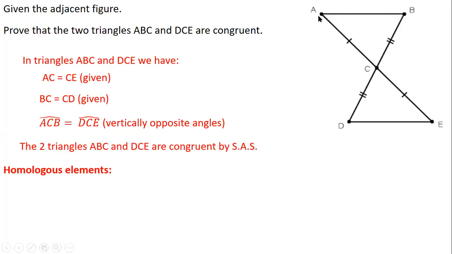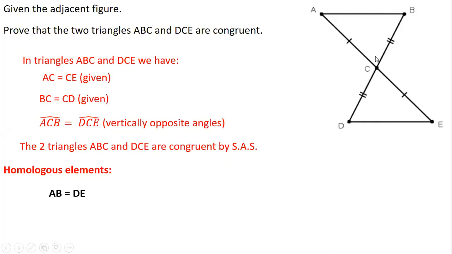We have used AC and CE, and BC and CD, so these are not homologous elements. Which sides didn't we use, Leia? A, B, D, E. So these are the first homologous elements. AB is equal to DE. So the side AB is equal to side DE.